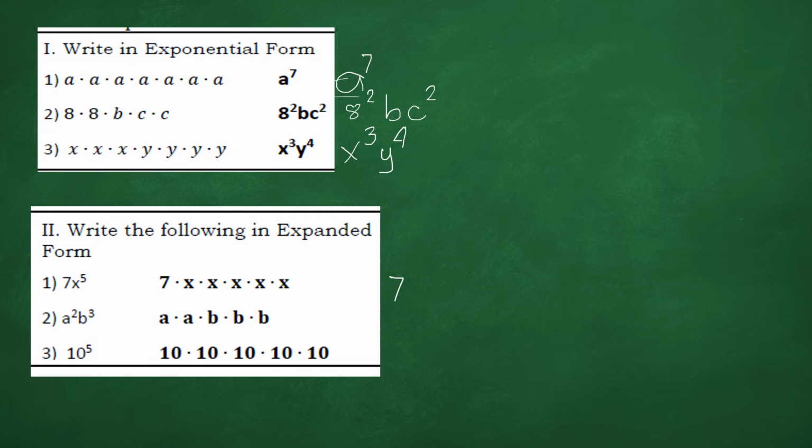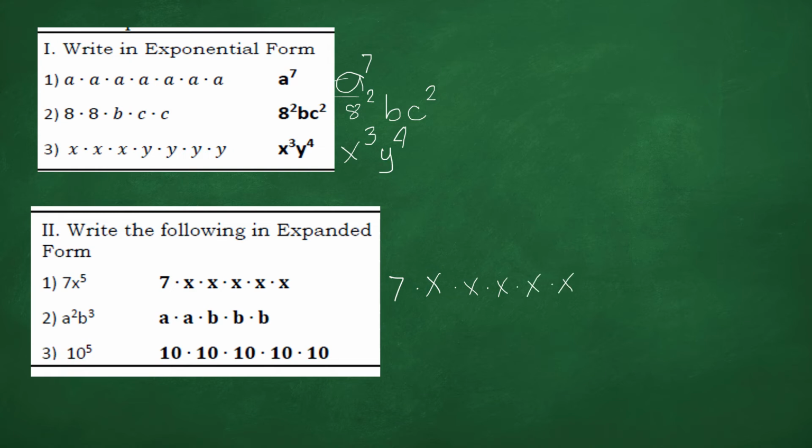Because expanded form is repeated multiplication. Then we have also the variable x, so we write x.